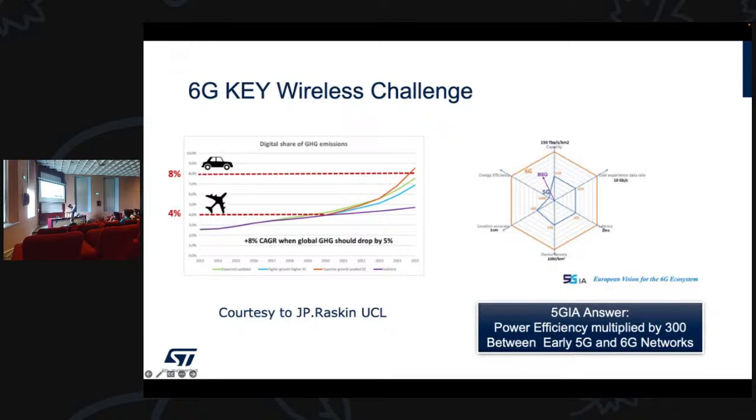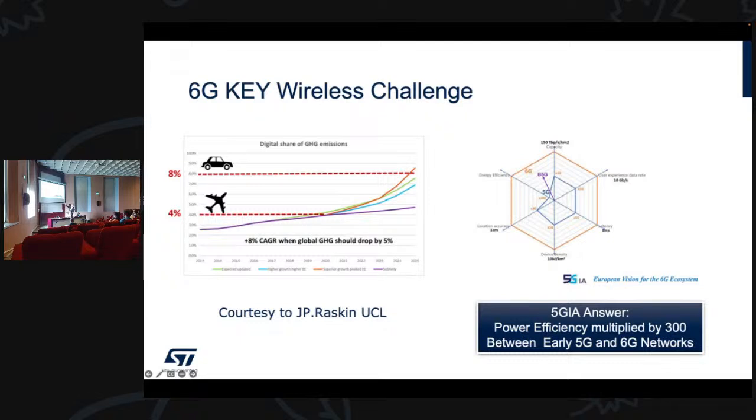Today, you can see the green line, which is the expected evolution of the CO2 emission of the telecommunications.